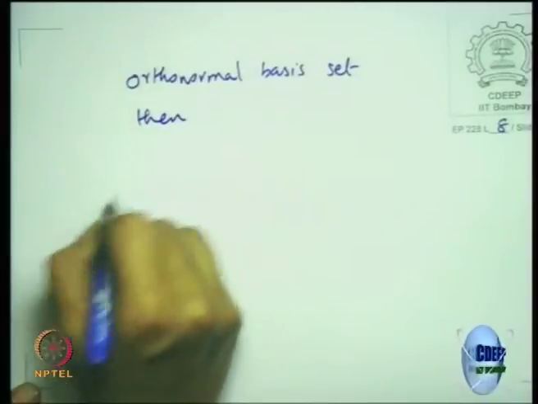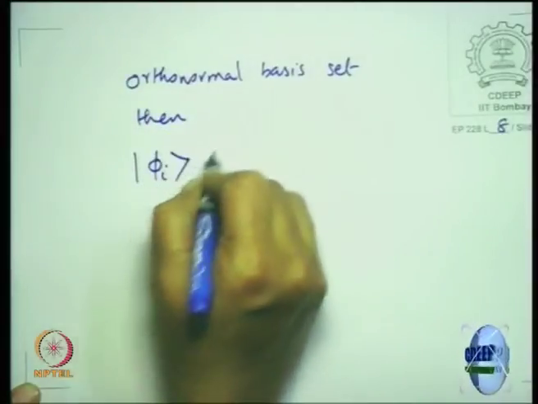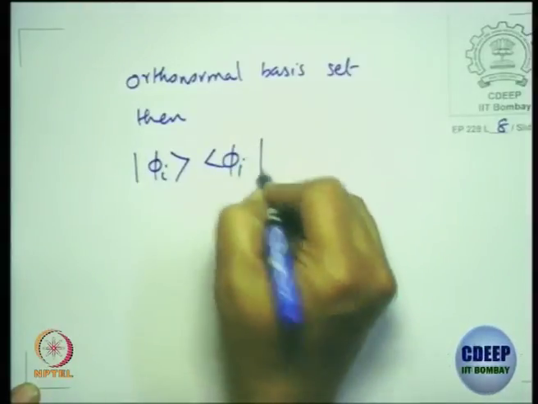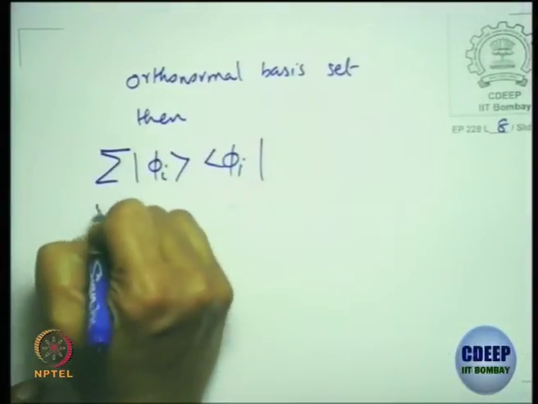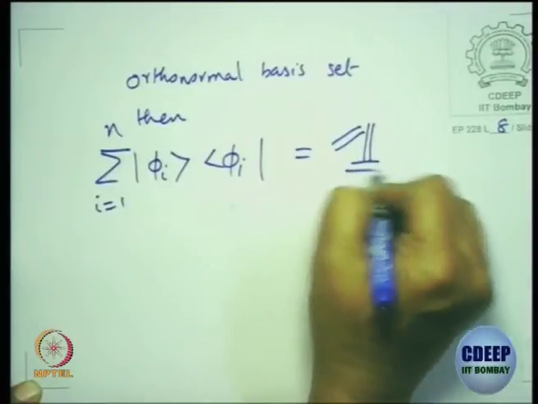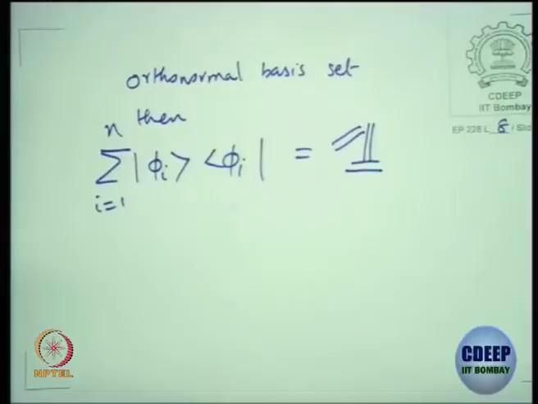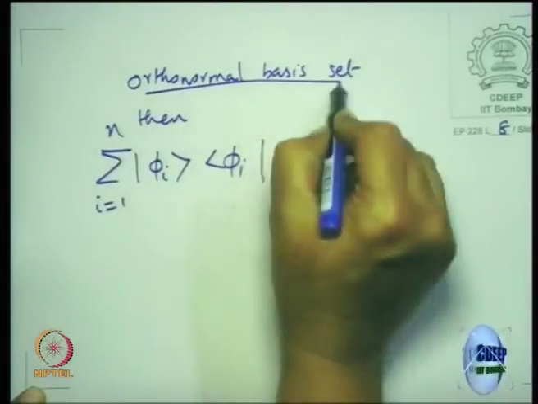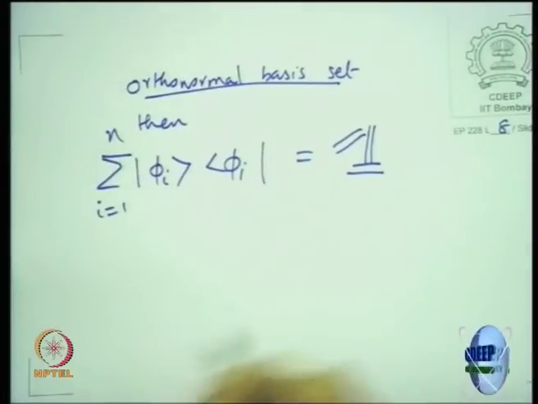So, if I say orthonormal basis set, then the summation over i from 1 to n of |phi_i><phi_i| has to be an identity operator. If I call this by definition a basis set, then this has to be satisfied.